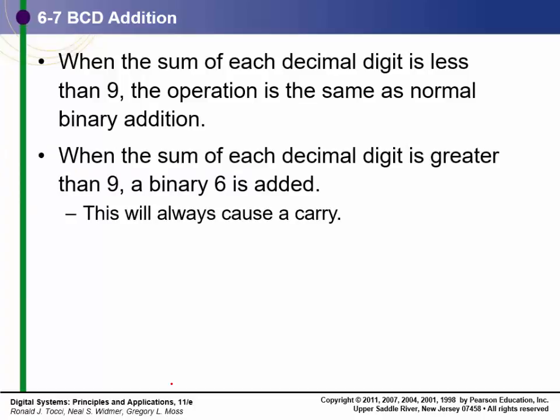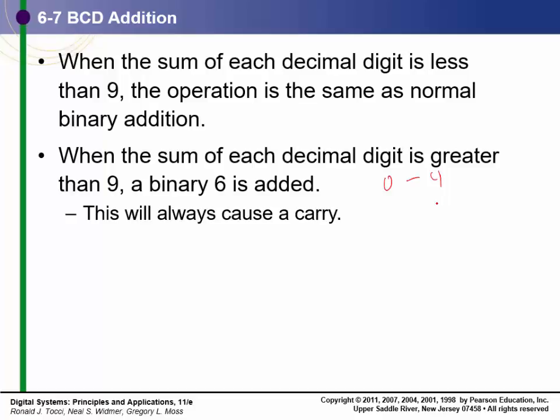BCD is an issue here, and they do discuss BCD addition. BCD numbers only represent 0 to 9. So if we have a result greater than 9, we know that's an invalid BCD number.